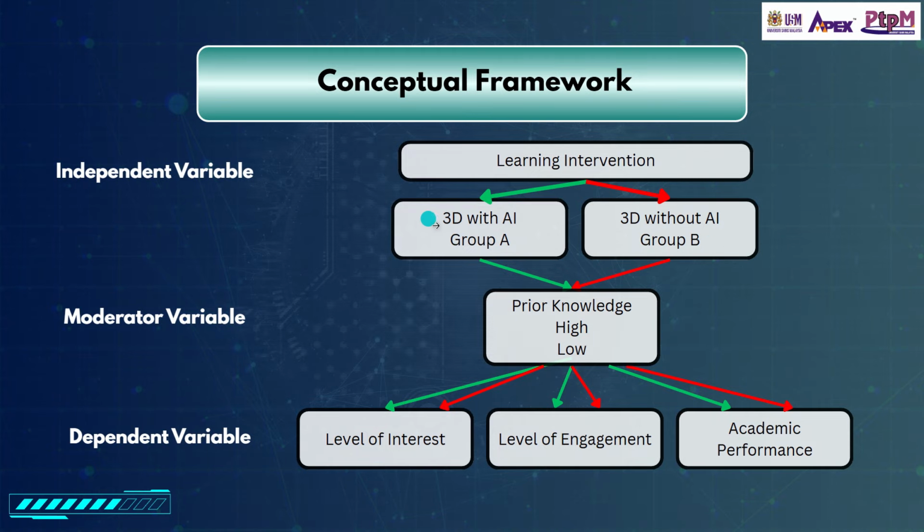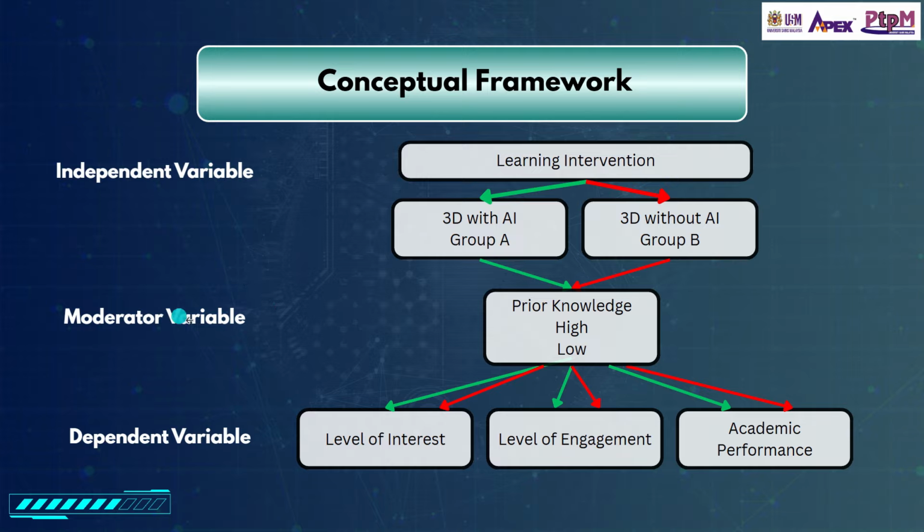The first group is a group of students who learn 3D with AI, categorized as group A. And the second one, a group of students that learn 3D without AI, categorized as group B.